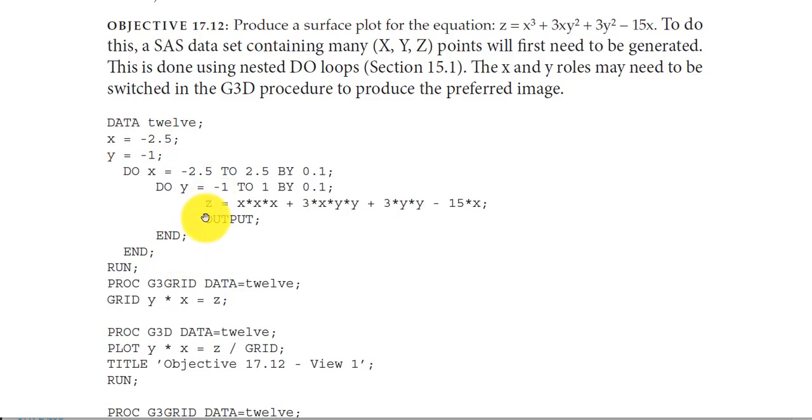We use the output statement to write down a new observation each time, and then we want to make sure to run this through G3 grid. Now if you switch your axes to x and y, the reverse order, you do need to run G3 grid again.